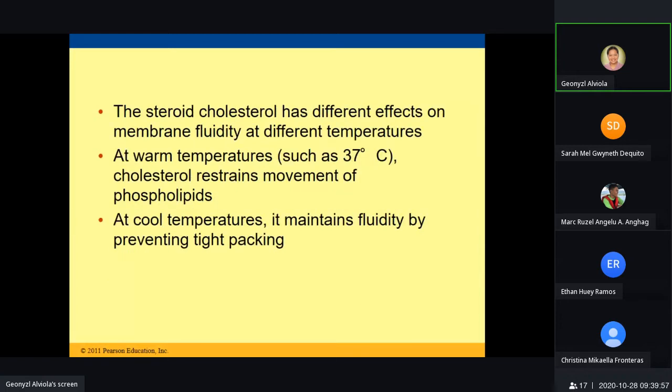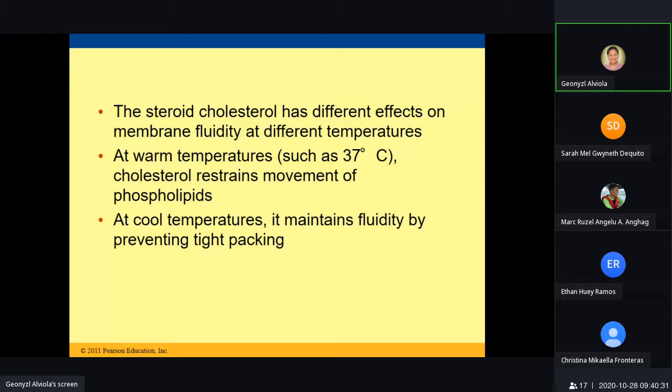The steroid cholesterol has different effects on membrane fluidity at different temperatures. At warm temperatures such as 37 degrees Celsius, cholesterol restrains the movement of phospholipids. So we don't evaporate right away. Like the law of liquids, at a higher temperature, the liquid changes to gas.